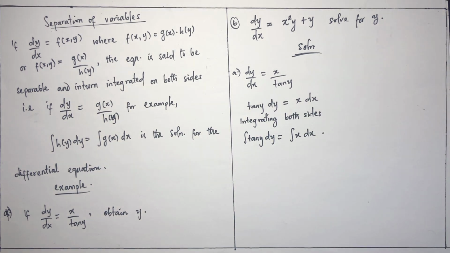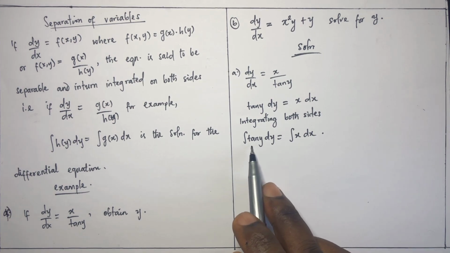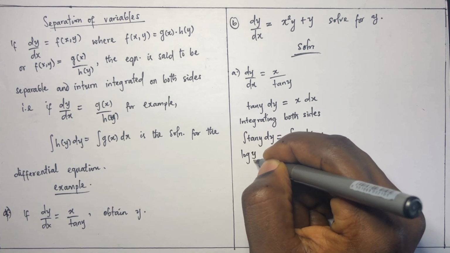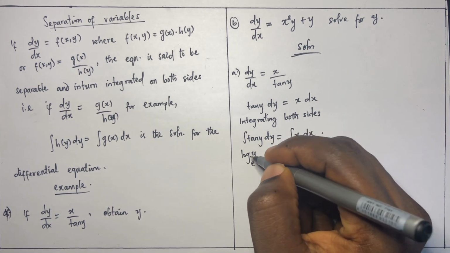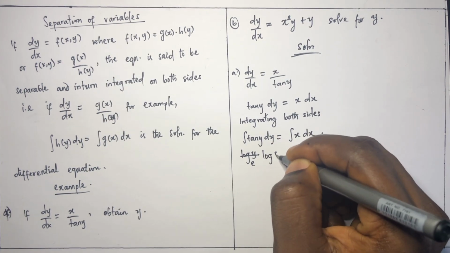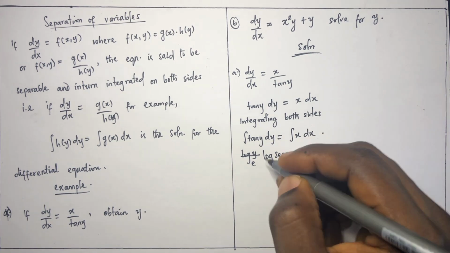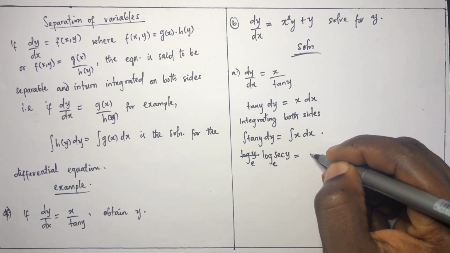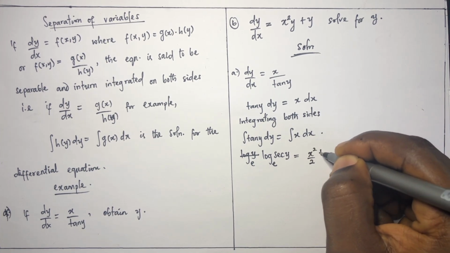From our integral table, I said if you want to do anything with first order ordinary differential equations, it will all lead to integration, so you have to go back and learn your integrals. The integral of tan y will be log of sec y to the base of e, and that is equal to the integral of x dx, which is x squared over 2 plus c.